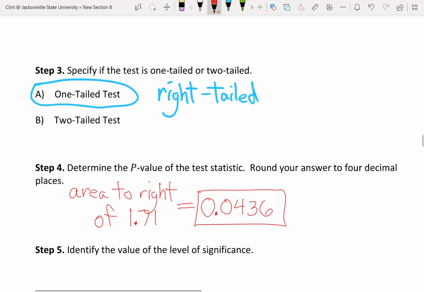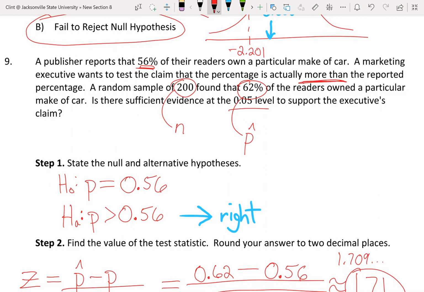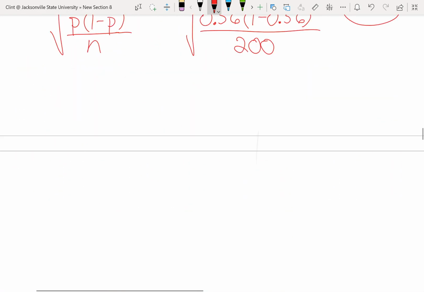Step 5 wants us to put down the level of significance. So this one just says 0.05 level. Alpha is 0.05.